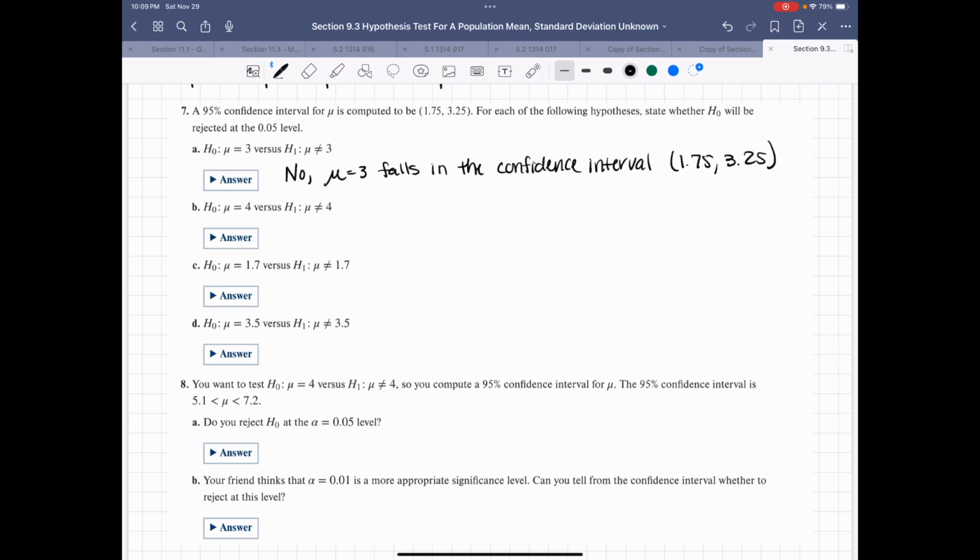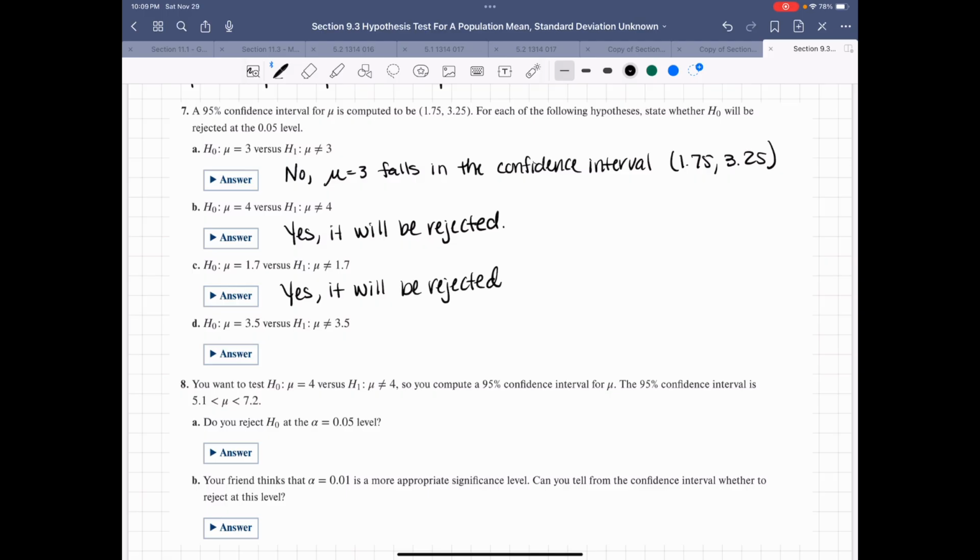What about mu equals 4? Yes, it will be rejected, because mu equals 4 doesn't fall in that interval, so we reject it. How about mu equals 1.7? Yes, it will be rejected.